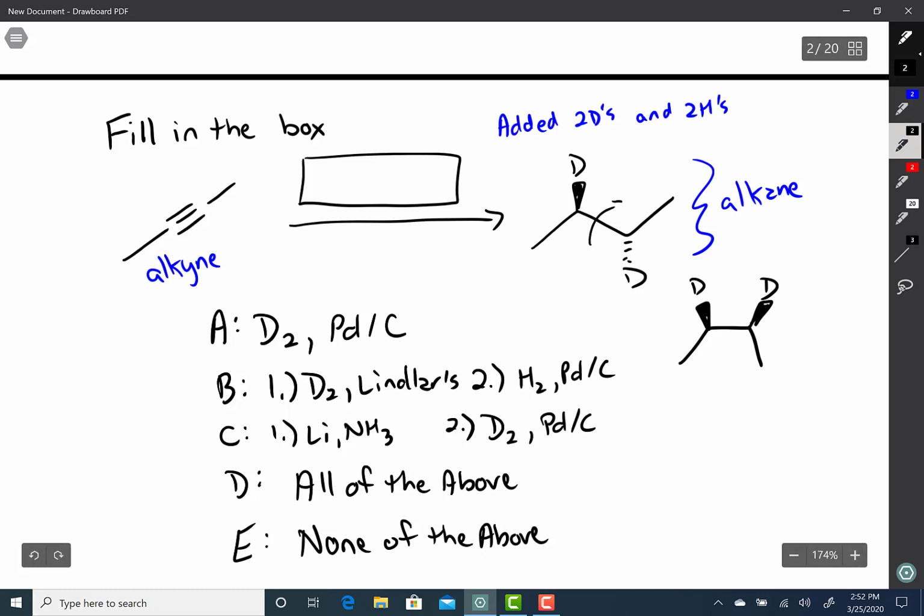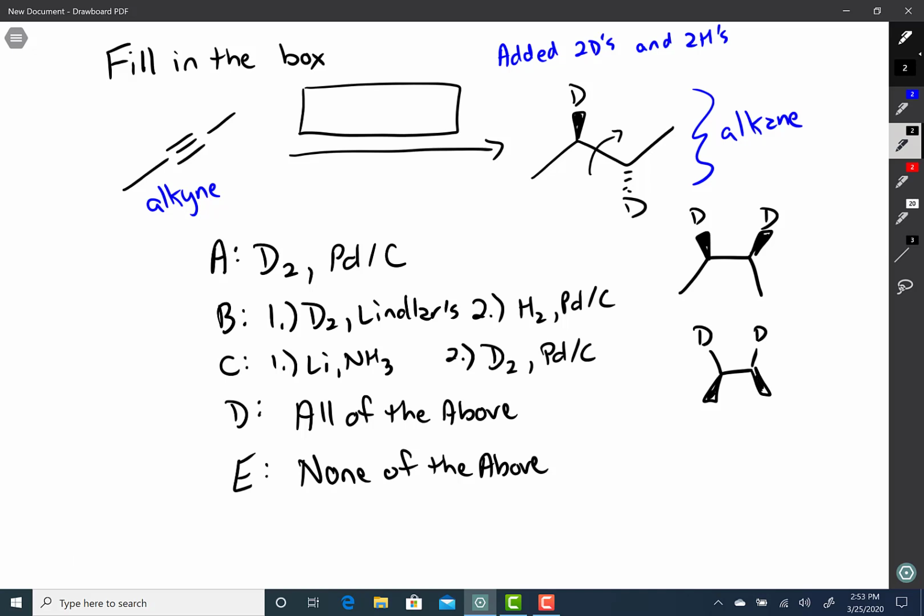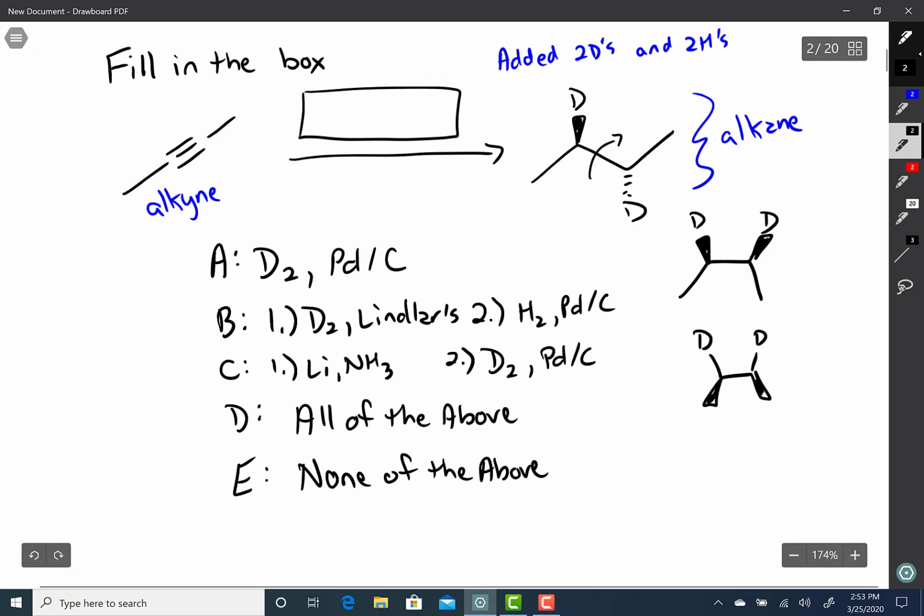And I did that by just rotating. Or you can redraw it like this. So this is the syn conformation, either one of these. And when you do so, you can work your way backwards.